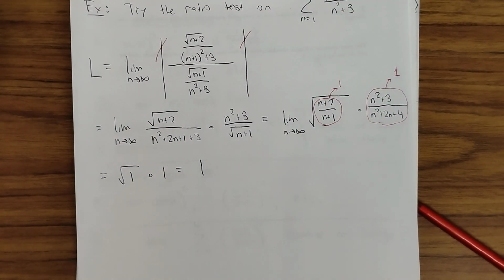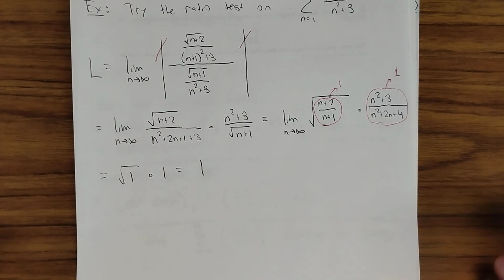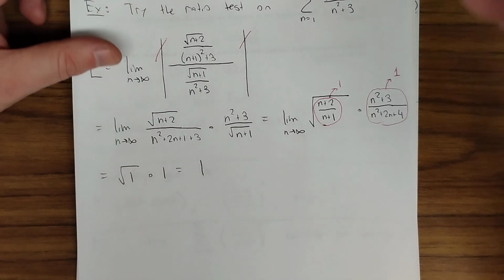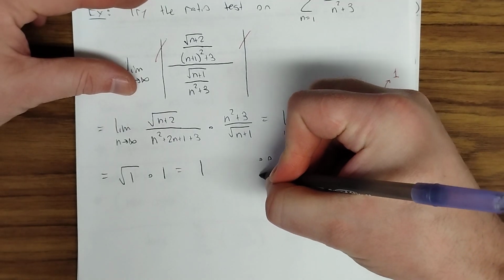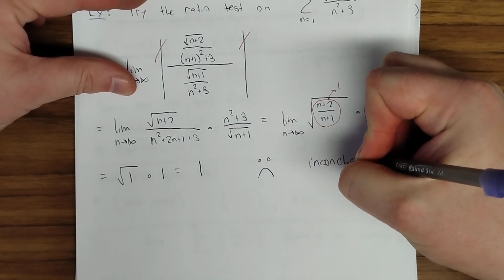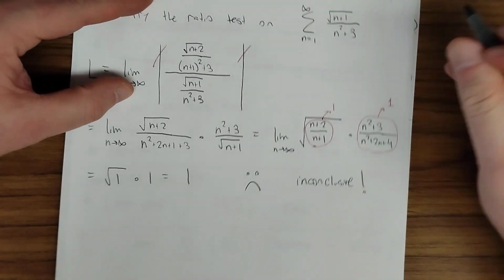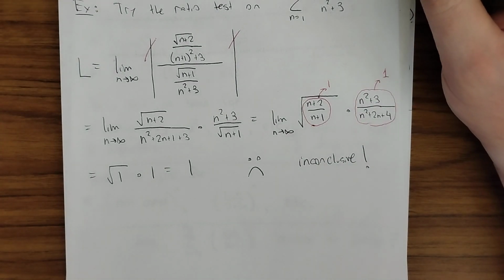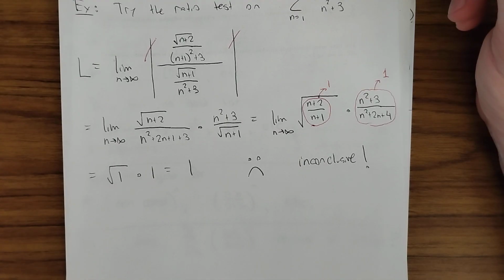So we get 1. Unfortunately, this is what we don't like. When L is exactly 1, the ratio test is inconclusive.